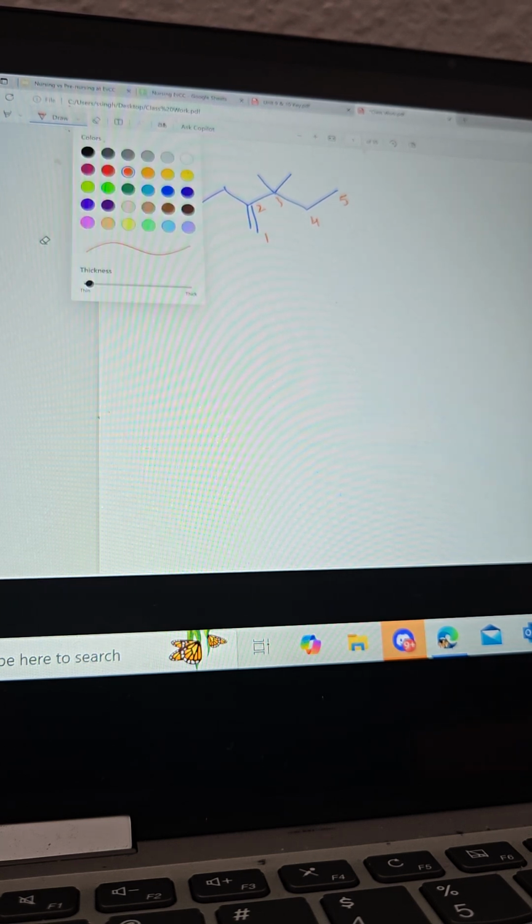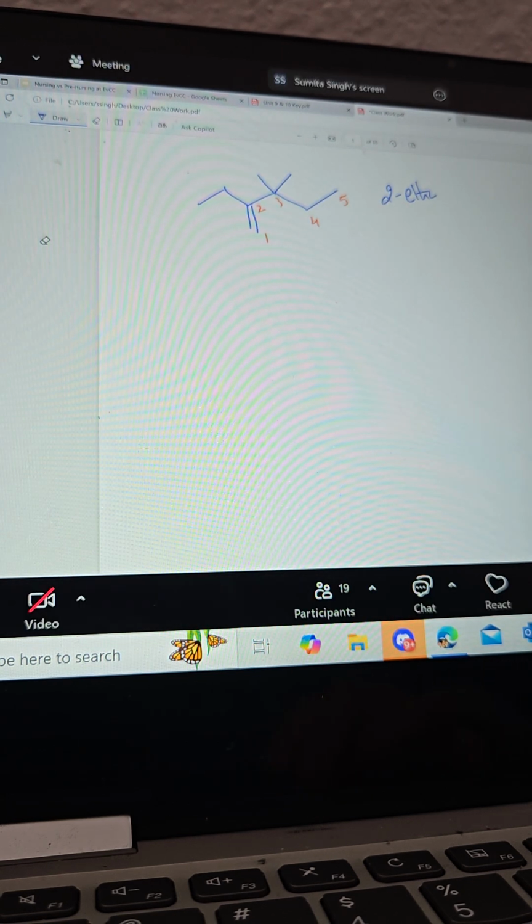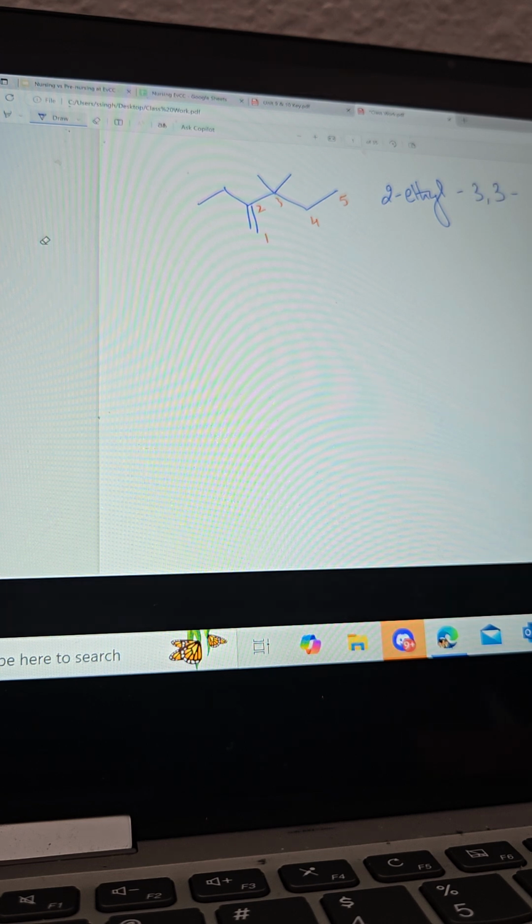Is it 2-ethyl-3,3-dimethylpent-1-ene? 2-ethyl, 3,3-dimethyl, and what did you say after that? Pent-1-ene. Good. That 1 is giving us the position of the ene.